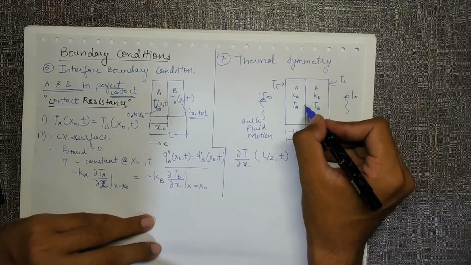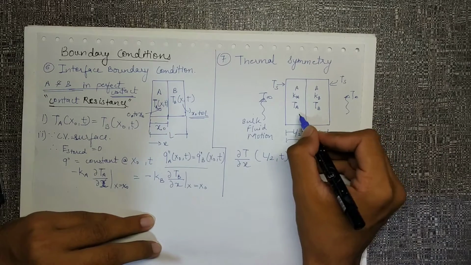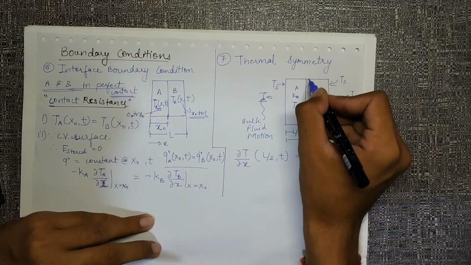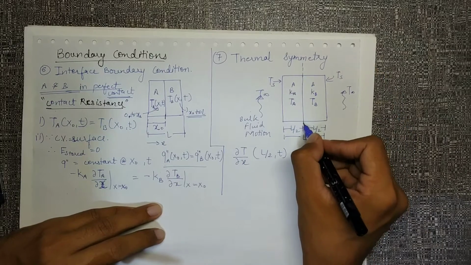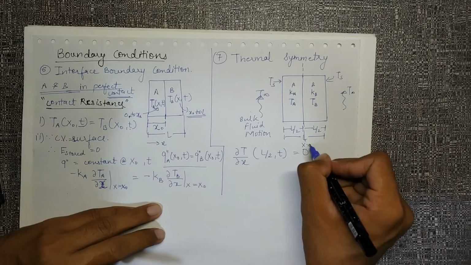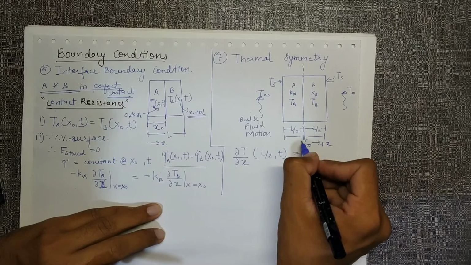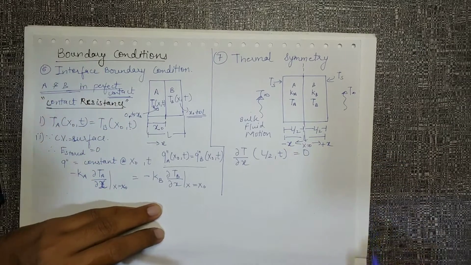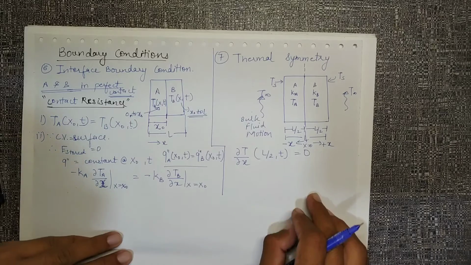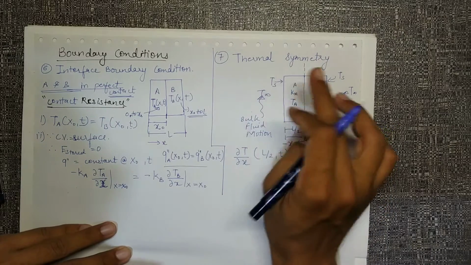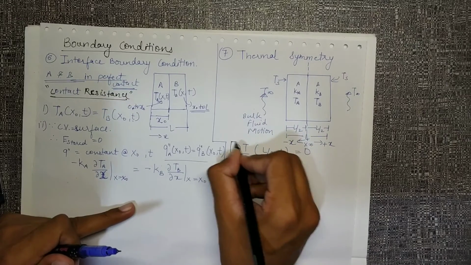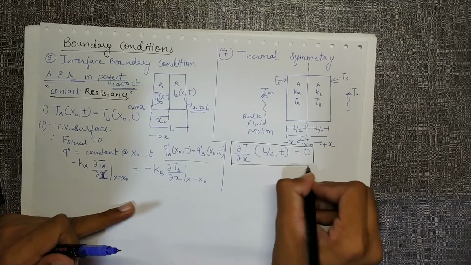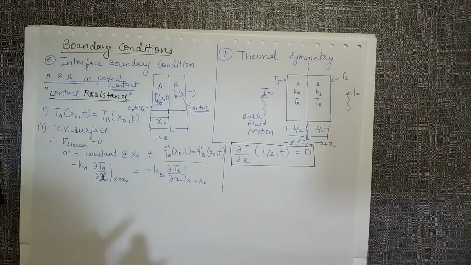That means my temperature gradients or temperatures are equal on both sides from this location. So I can say this is x equal to 0 for me, this is the plus x, this is the minus x direction. And in this case, because of thermal symmetry, this mathematical condition exists, or I can apply this mathematical condition if there is a thermal symmetry.